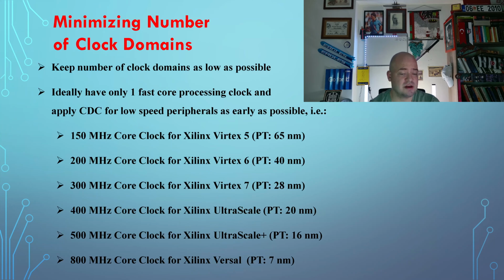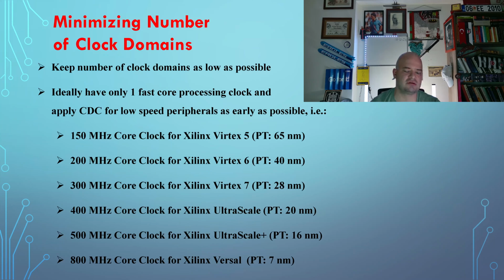Of course, it depends. Sometimes if you need to implement extremely complex logic, then, for instance, you may reduce the clock speed to 150 megahertz, so divided by 2, and use a clock enable or data valid signal for that case. And you need to also apply multi-cycle path constraints for those complex logics. So these are doable.